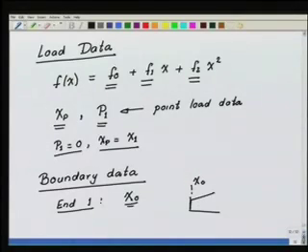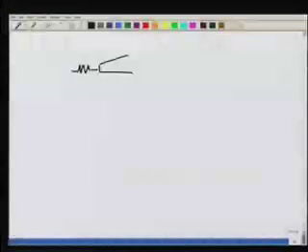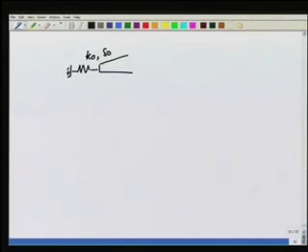I could have, one, the displacement is given; it need not be 0, it could be some value. A second candidate is that the force Q is given at the end, and the third candidate is that the end has a spring with constant K0 and an initial compression delta naught given.